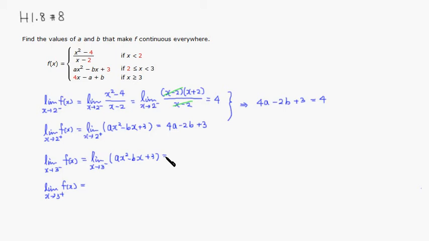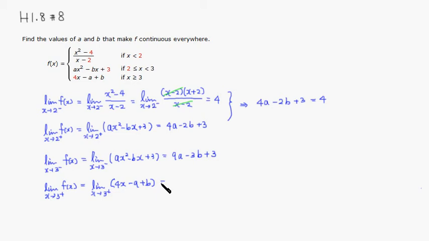It's a polynomial function, so you can just plug in: 3 squared is 9a, minus 3b, plus 3. For the right-hand limit, we have to use the last formula, 4x minus a plus b.